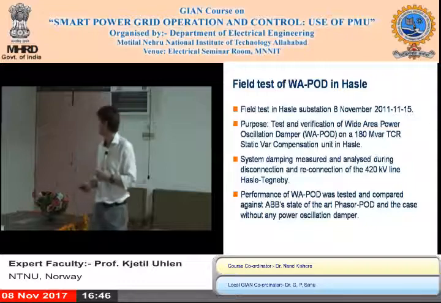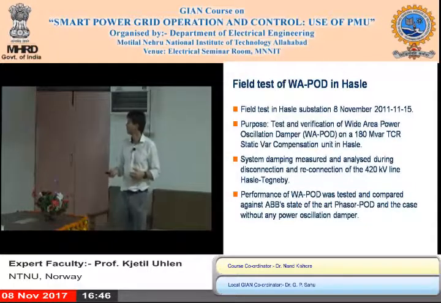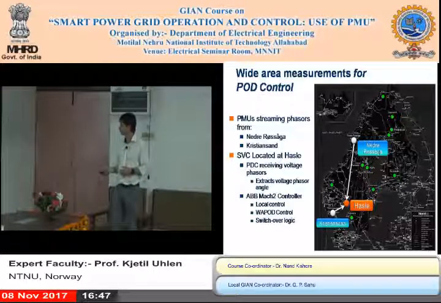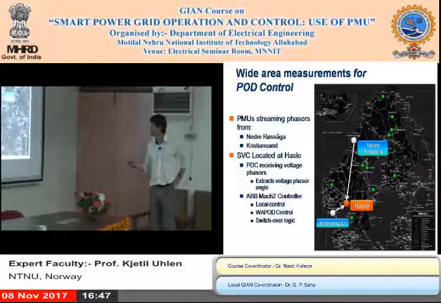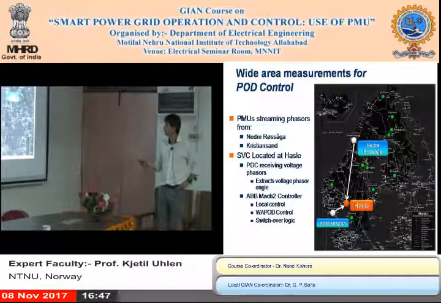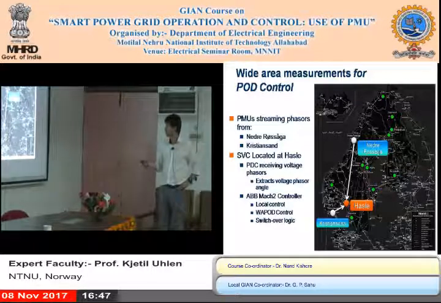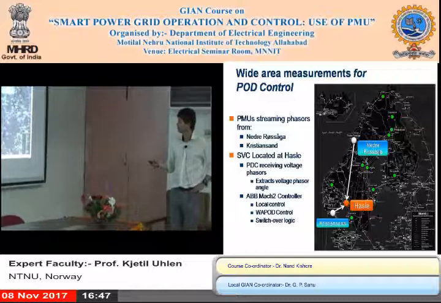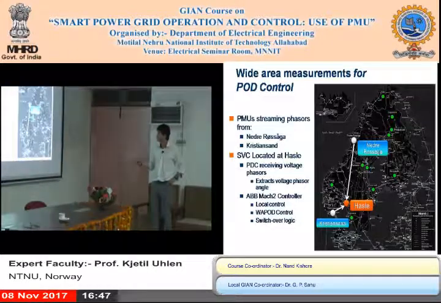So now I think this picture is best. Again, our measurements, ideally we would have wanted measurements from Finland, because that would have given us better observability of the 0.3 Hertz mode. But electrically, this site here in northern Norway is closer to Finland than other places, so we selected that.